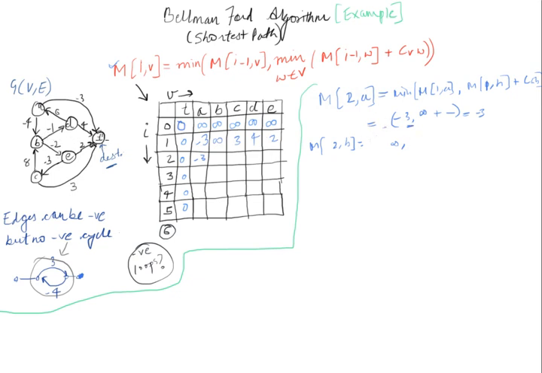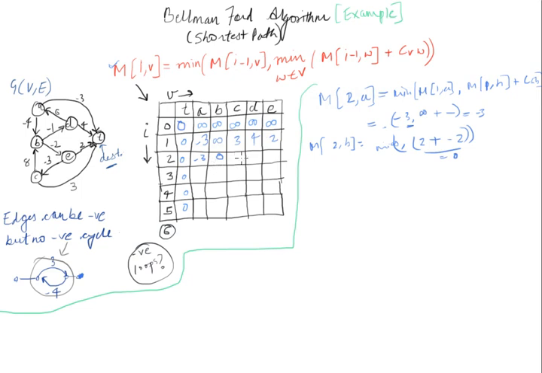If I use D to T, this is -1 plus 4, which is 3, and this is -2 plus 2, which is 0. So this is the minimum path. So I'll use the distance from E to T, which is 2, plus the cost of B to E, which is -2. The minimum of infinity and these two values is 0. I'll fill in 0 here.